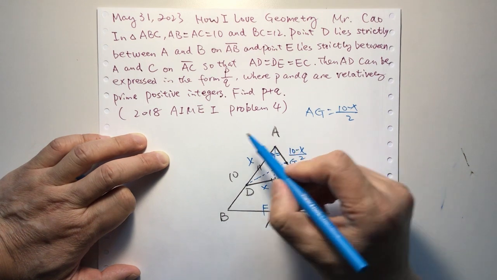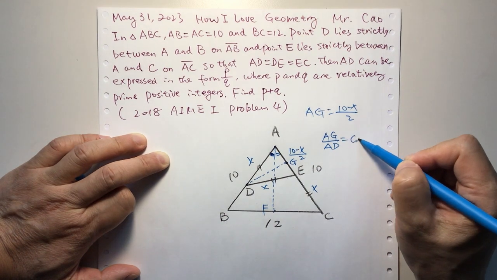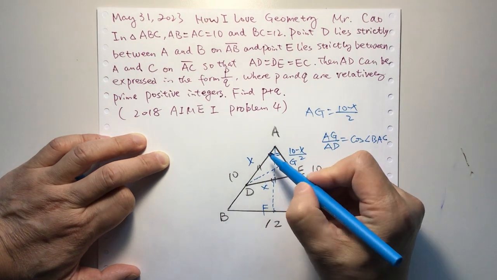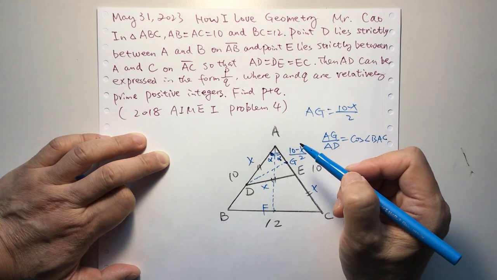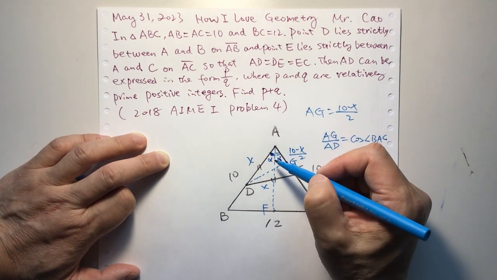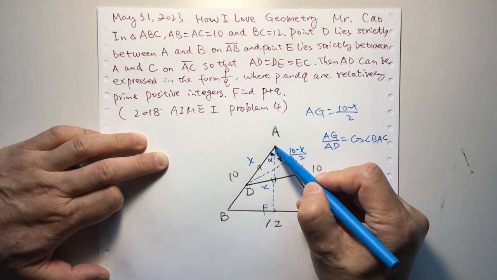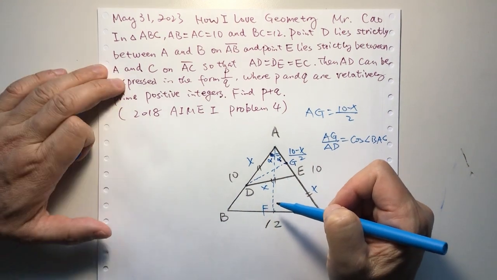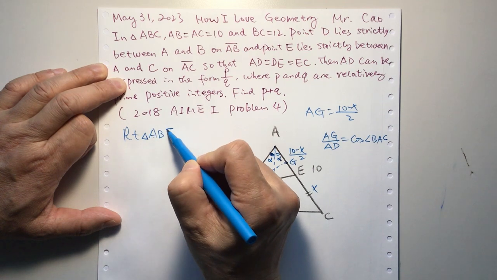We know AG over AD is the cosine of angle BAC. If I say this angle is alpha, this angle will be alpha. Because we know cosine alpha in the right triangle ABF.